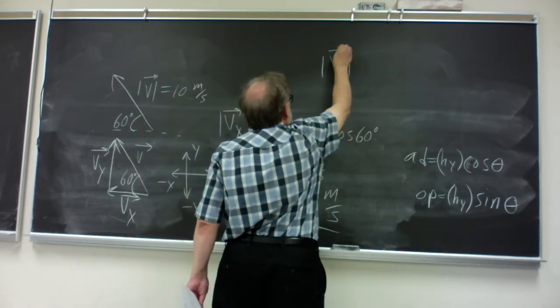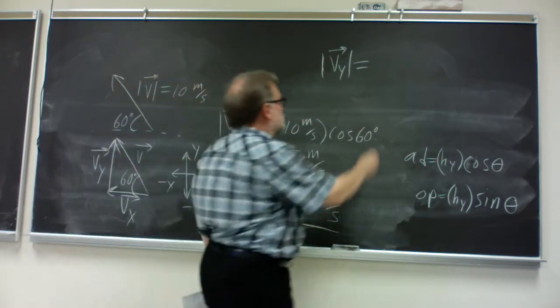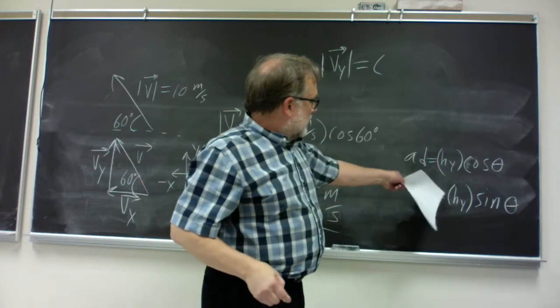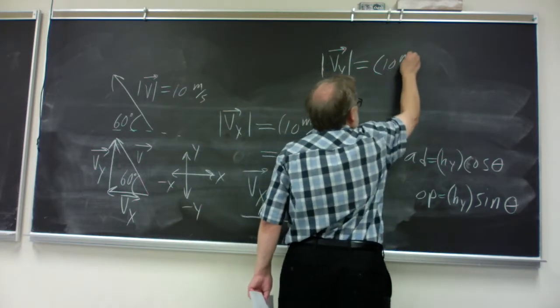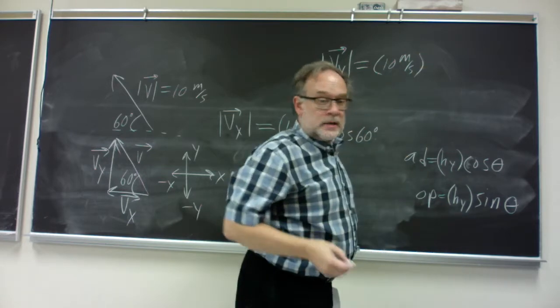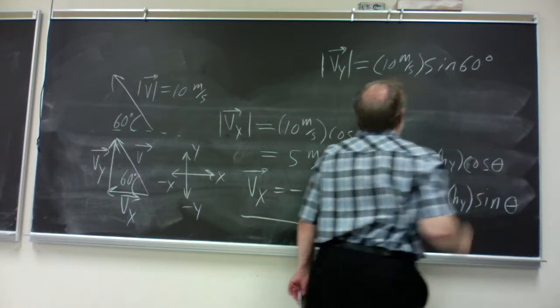Magnitude of the y component is just the length of the opposite side, so it's going to be equal to the magnitude of the hypotenuse times sine. Magnitude of the hypotenuse is 10 meters per second, sine 60 degrees.